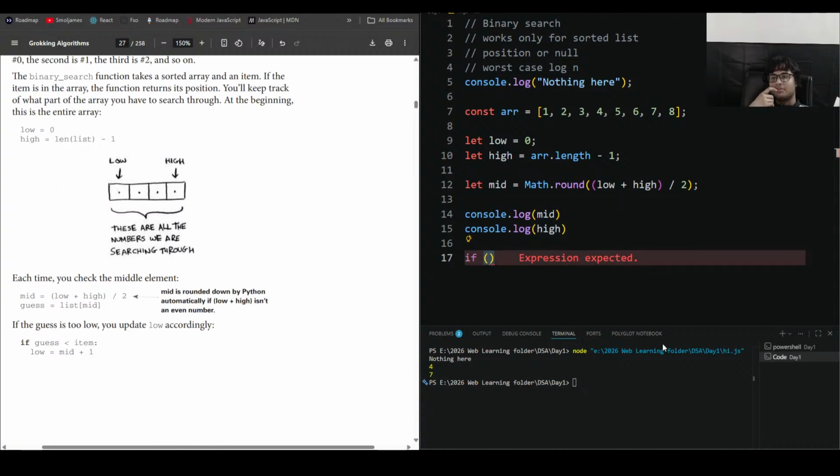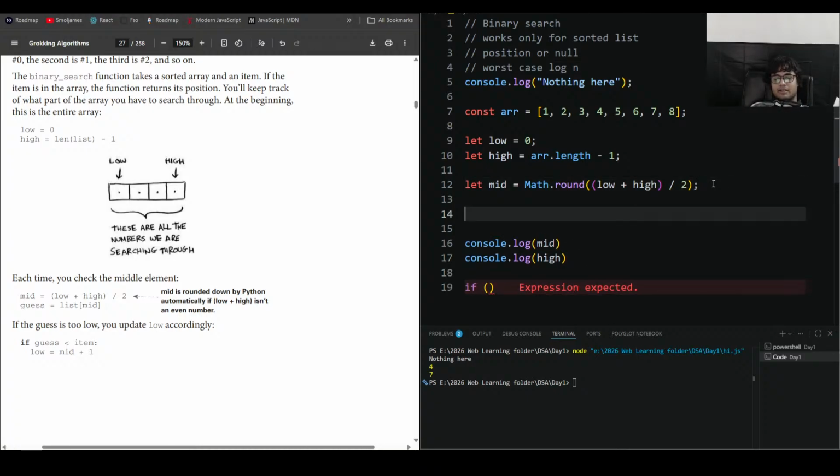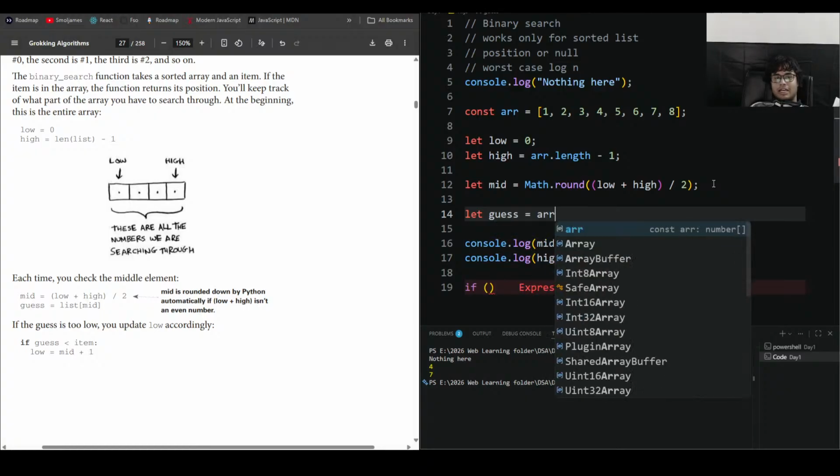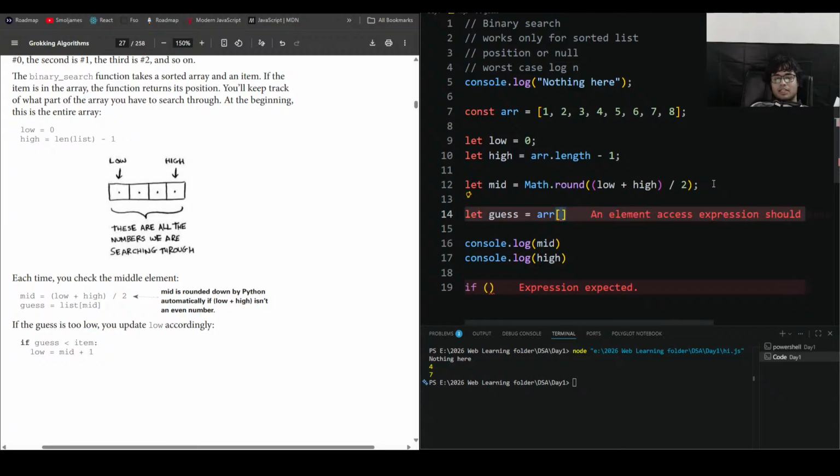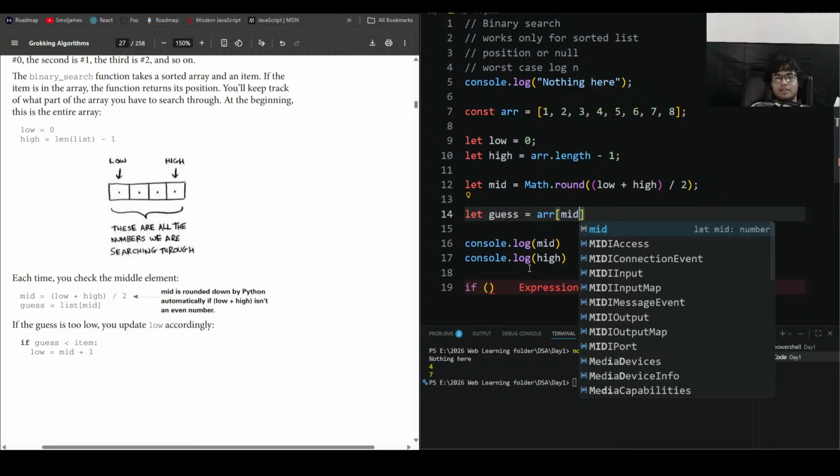So each time you check the middle element, mid is rounded down. So guess, okay. Mid is the index, so array and then the mid.